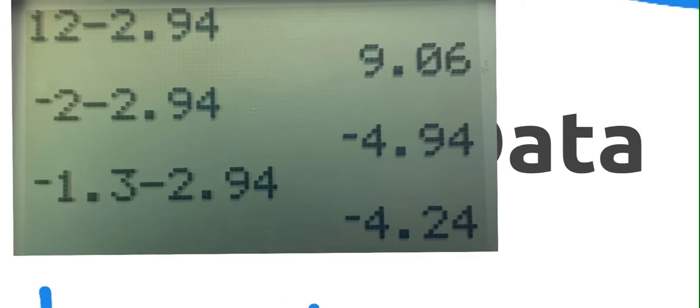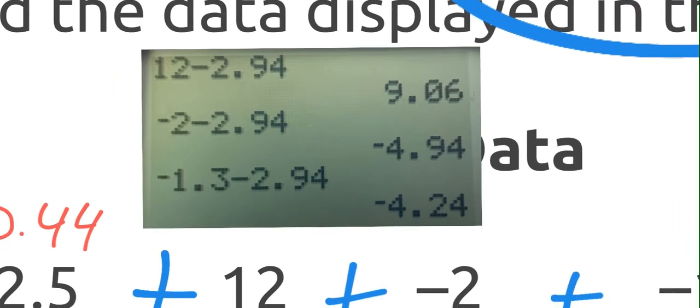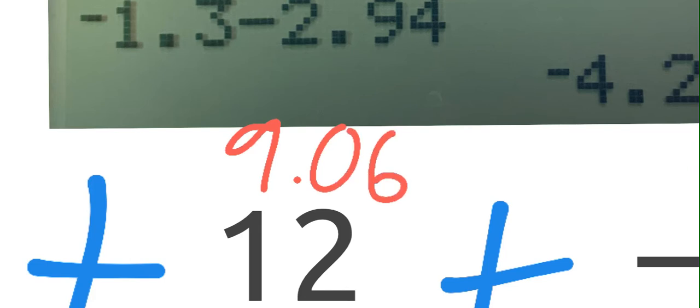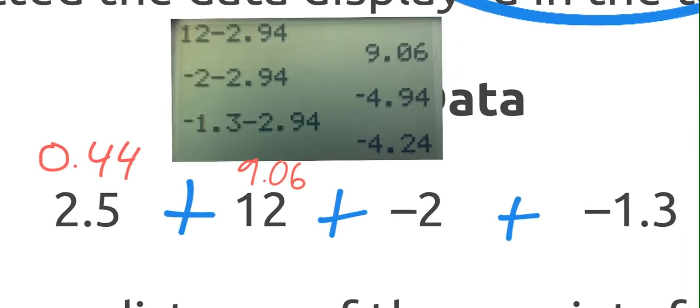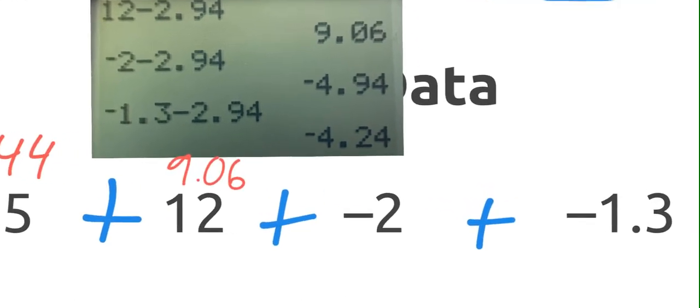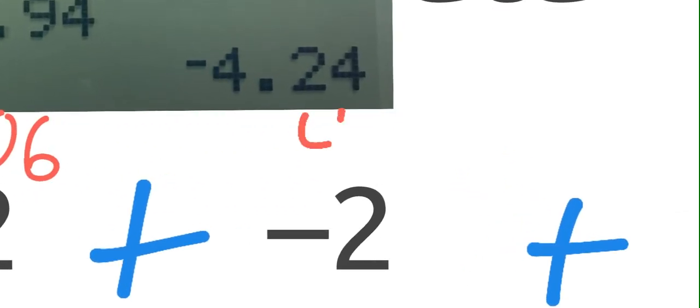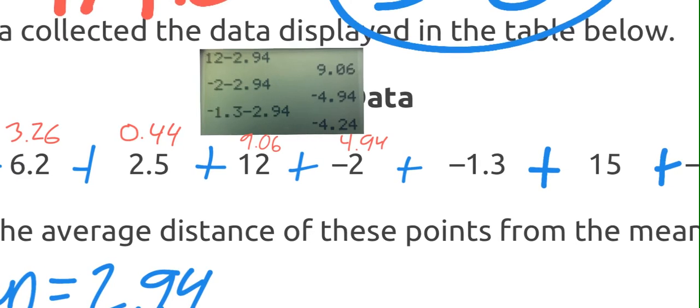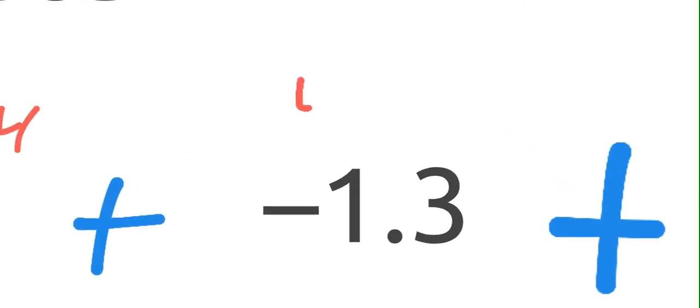And then on these right here, I'll do these 3 next. So again, I've got 12, I subtracted 2.94, and I got 9.06. I did -2, subtracted 2.94, and I got 4.94. Again, this is the only place that I'm dropping negatives. -1.3, I subtracted 2.94, and I've got 4.24.